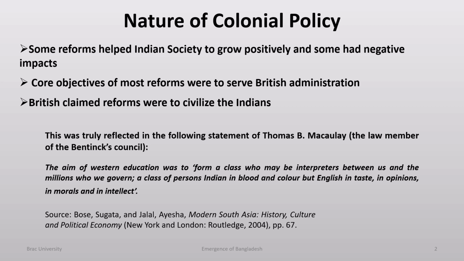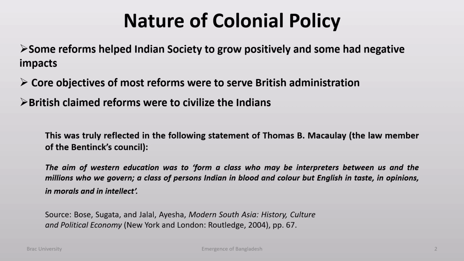This was truly reflected in the following statement of Thomas B. Macaulay, the law minister of Bentinck's Council, where he said, "The aim of Western education was to form a class who may be interpreters between us and the millions whom we govern, a class of persons Indian in blood and color, but English in taste, in opinions, in morals, and in intellect."